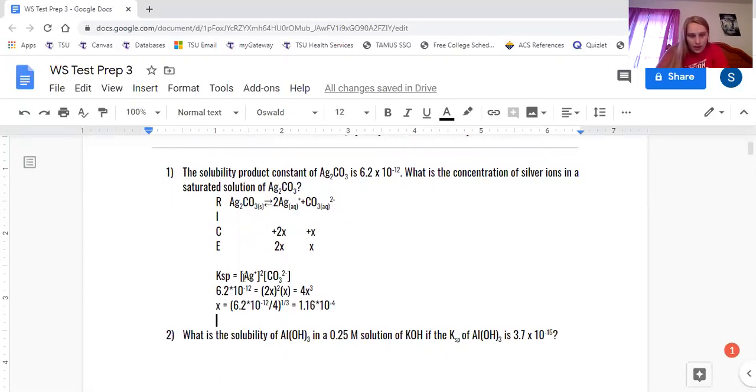Okay, so we're trying to find the concentration of this. So that's going to be equal to 2x, because we have that right here. And we already have x. So 2 times this right here. And I'll get your final answer.